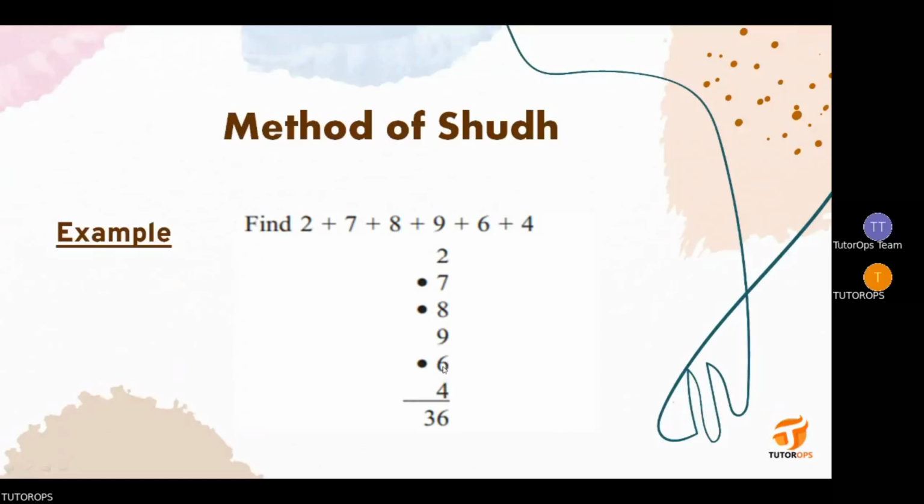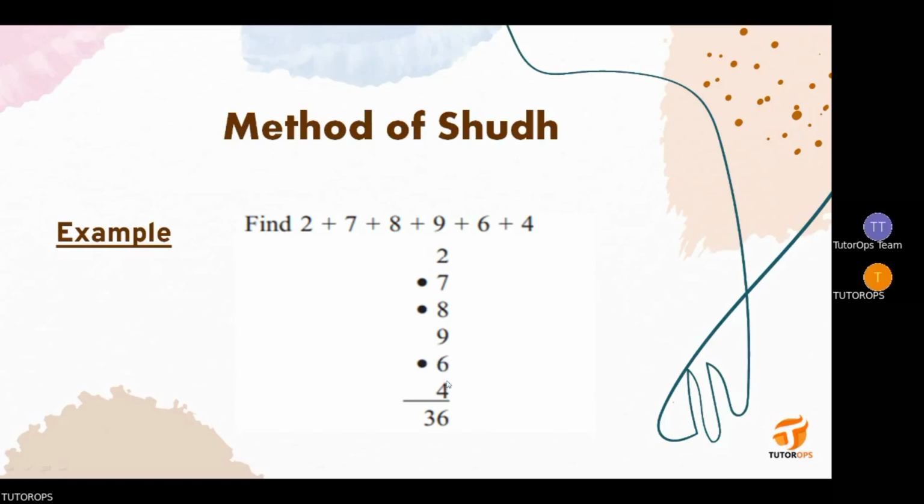So 4 plus 6, is it greater than or equal to 10? Yes. If it is greater than or equal to 10, then we are putting a dot. Just remember this step again, that if we are starting from the bottom, and if the addition of the number at the bottom and the number which is above the bottom number is greater than or equal to 10, then we are putting a dot and carrying the last digit of the sum.